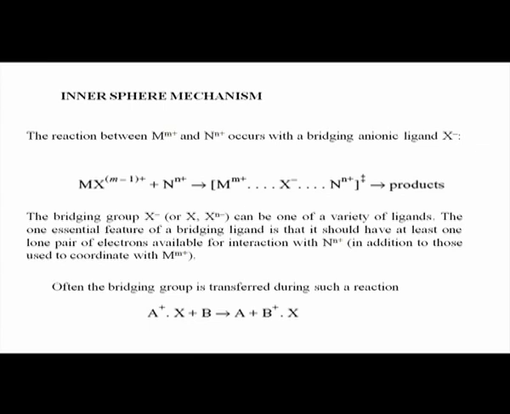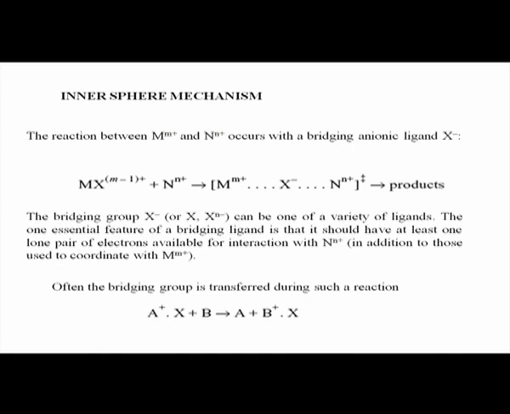So, it should have sufficient option to coordinate with both M and N. That is why the bridging group has the essential feature that it should have at least one lone pair of electrons available for interaction with N plus, in addition to those used to coordinate with M plus.